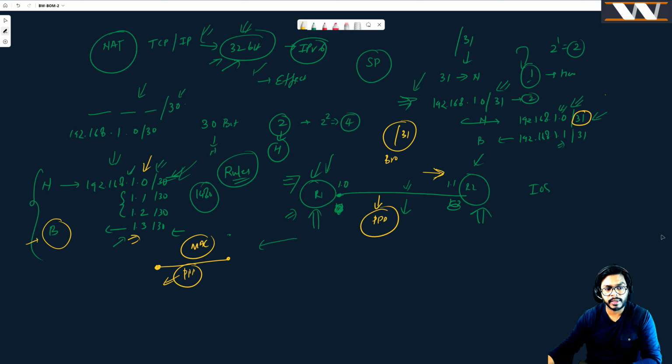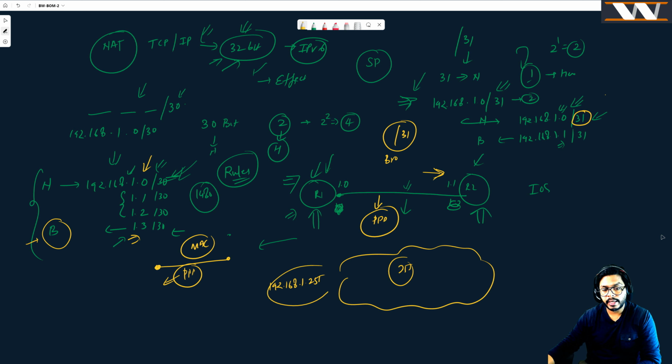What is the specific meaning of this broadcast address? That inside a particular network, if I have 255 hosts and I send a message to 192.168.1.255, it is going to be received at every IP host.